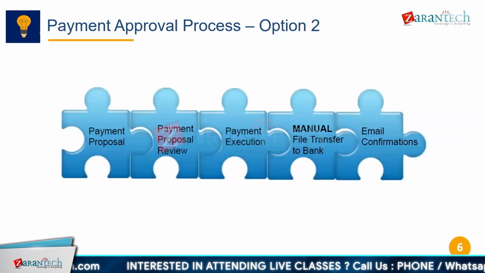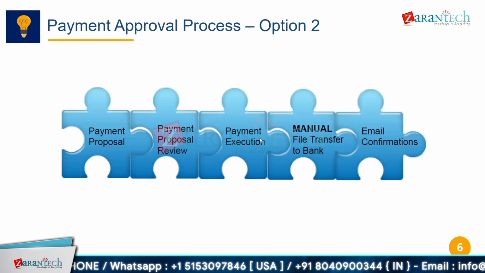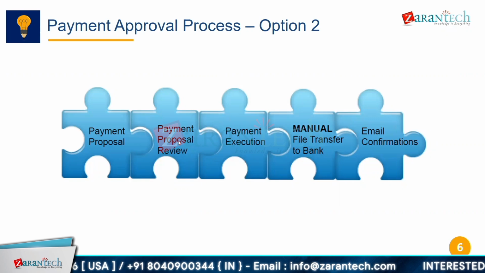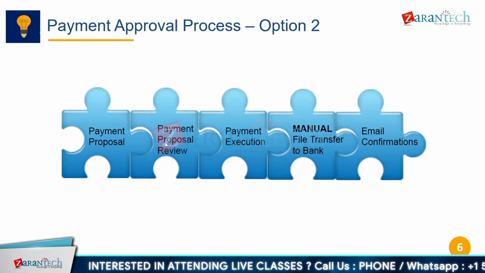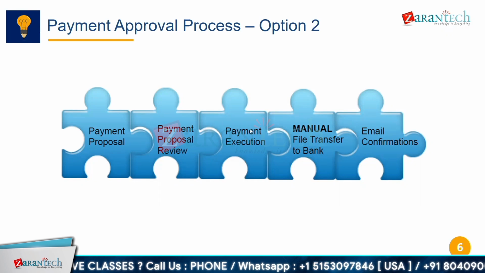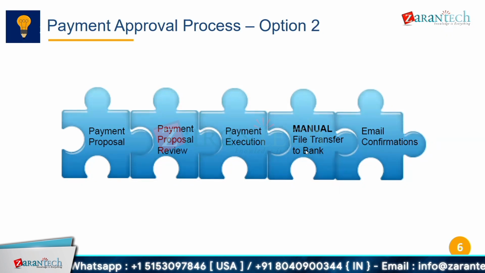Then, the second process is that you may use F110. Here, one part of approval is done through the review of payment. Then you execute the payment, so whatever payment has been reviewed gets paid, and the system generates the accounting entry in F110, and then you transfer the file to the bank.